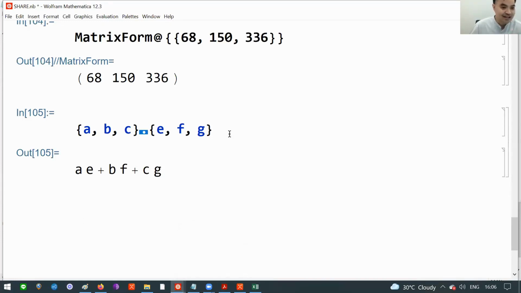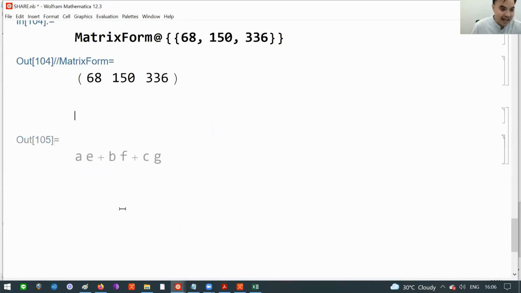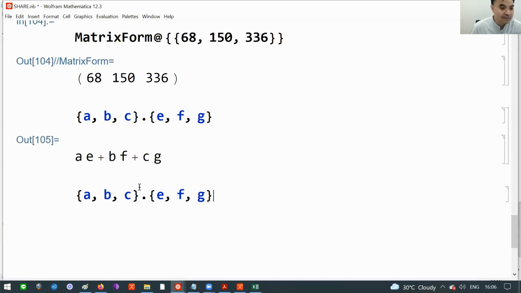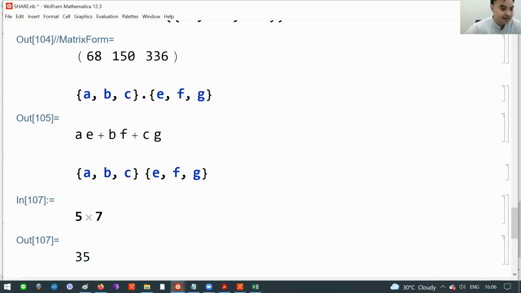Now notice the difference between this and multiplication. When I put blank, blank is the same as multiplication, right? 5 blank 7 is equal to 35, right? So what do you think happened when I make the left-hand side a vector and the right-hand side a vector? It's going to pretend that you are doing a list.